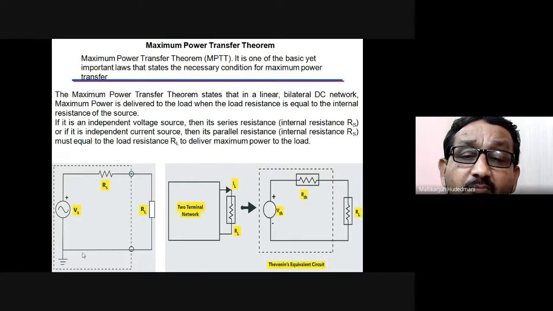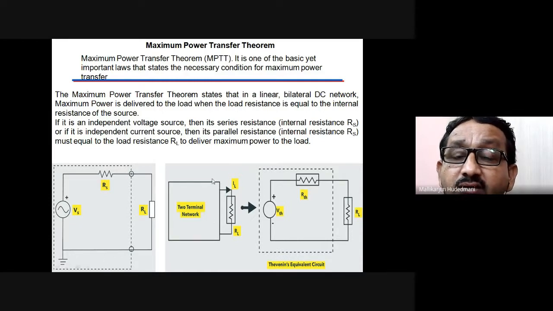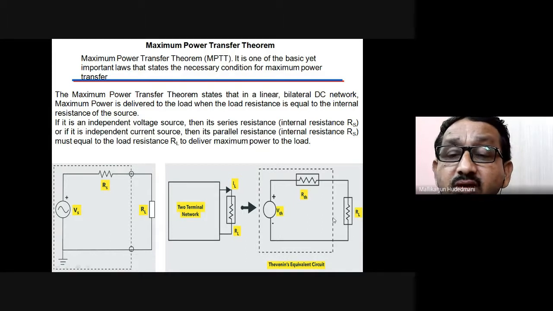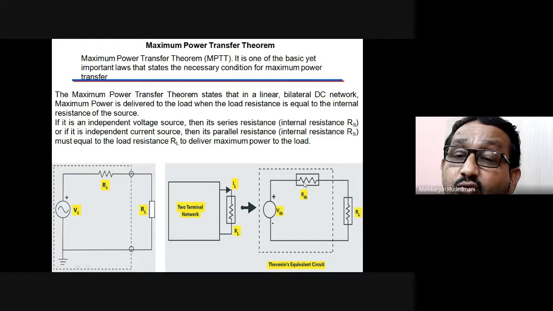Then the entire passive network between the points of our interest has to be reflected as an equivalent network this way, which will have the V Thevenin source, the Thevenin representation of resistance, and the actual load which we need to connect. When we represent this kind of circuit equivalency, then the theorem says the maximum power transfer occurs in a linear bilateral network if and only if the load resistance is the same as the source resistance.